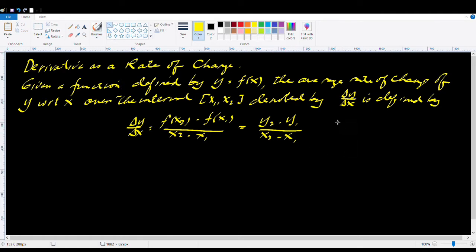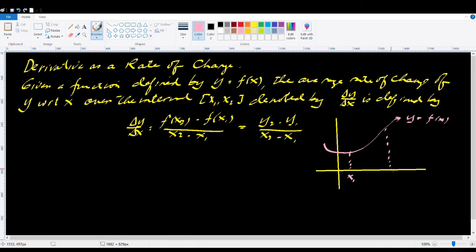So to illustrate, say this is the graph of y equal to f of x, from x sub 1 to x sub 2.